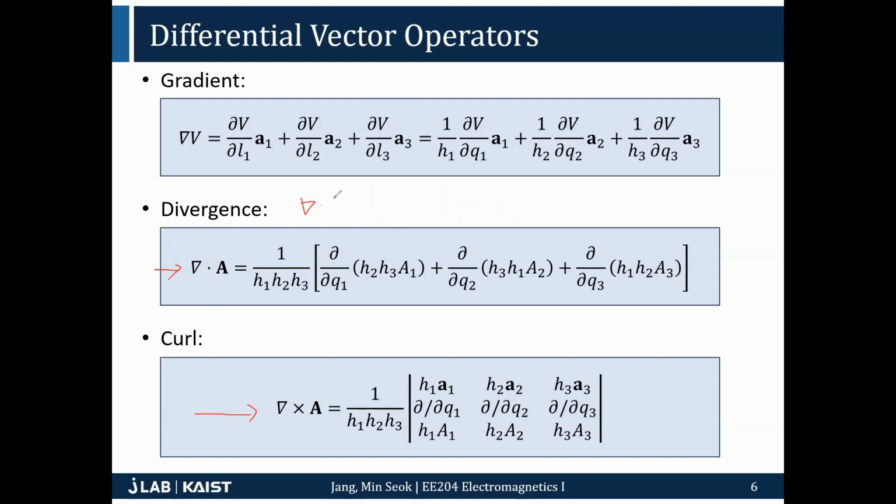By fundamental definition, I mean the divergence of A is the limit as delta V goes to 0 of the closed surface integral of A dot dS over delta V, right? So this is the definition. And similarly, you know the definition for the curl of A. So let's do that. The procedure itself is very similar, so you don't need to worry too much. We've done this in the previous lecture, so this time it'll be much easier.